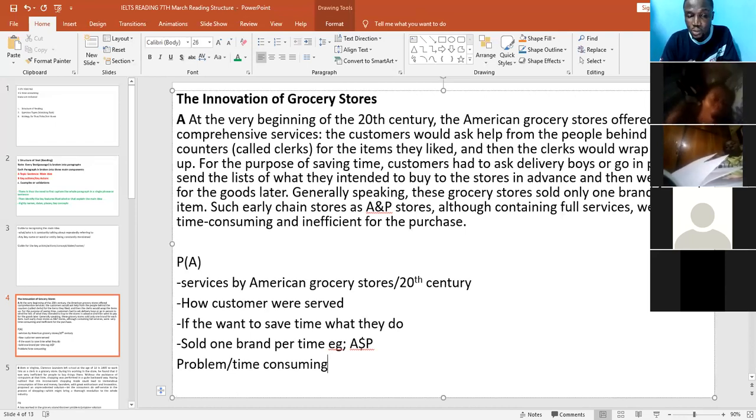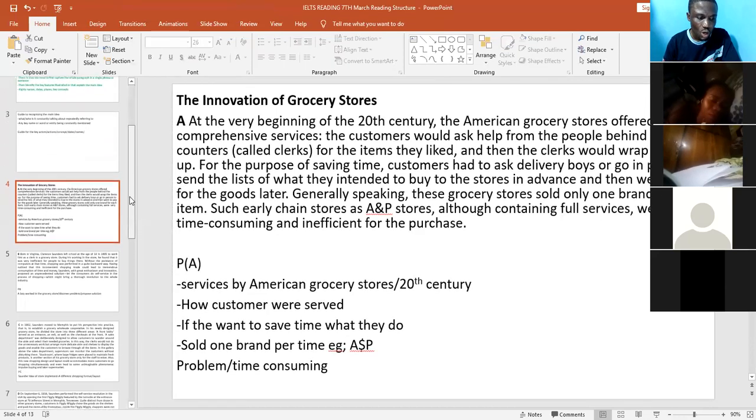In 1 to 1.5 minutes, you are done with a paragraph, even the most complex. Answering your question takes 10 seconds if you know where the answer is, except for technical questions like true, false, not given. I will go to that possibly in the 3rd lecture.